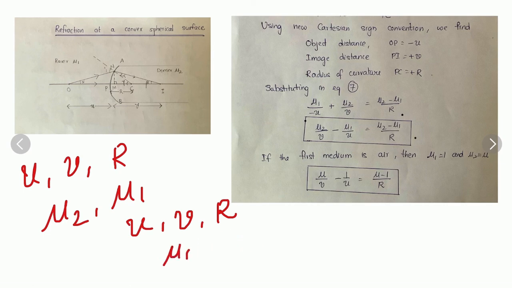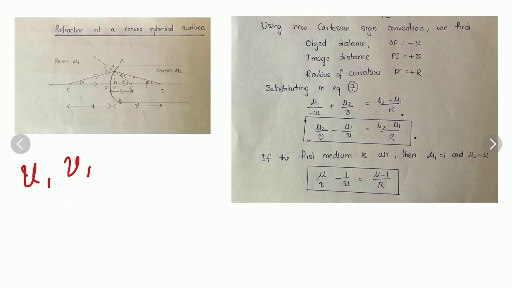So when they ask like that, we have to derive this. This derivation is very, very important for the exam. Not only for this, they will also use it for the lens maker's formula, which I will discuss in the next video.